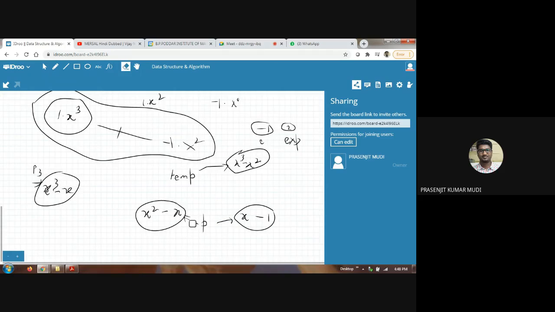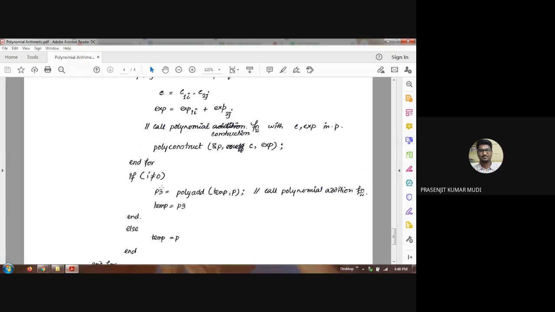So this connection was lost. P is now pointing towards this, right? And then checking whether I is not equal to 0. Yes, I is 2, not equal to 0. So you are again calling the polynomial addition function, which is supposed to add two polynomials which are being pointed by temp and p.